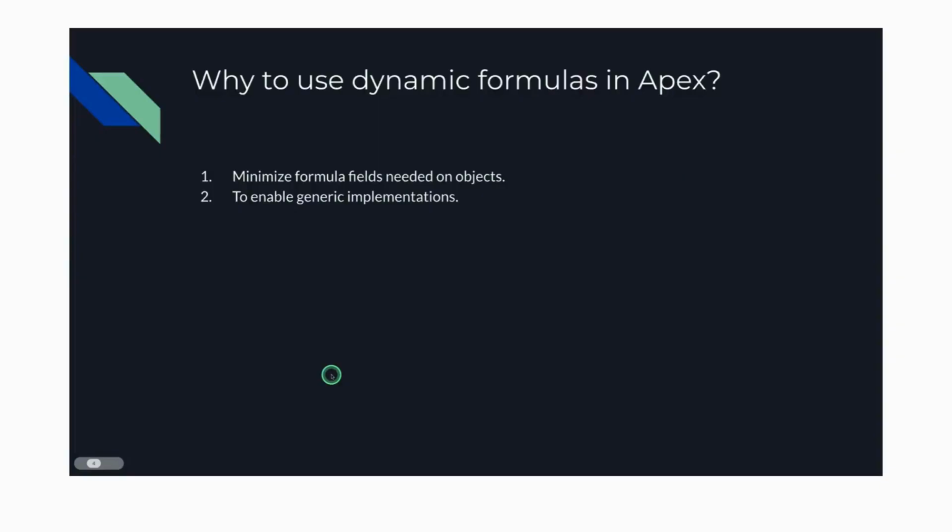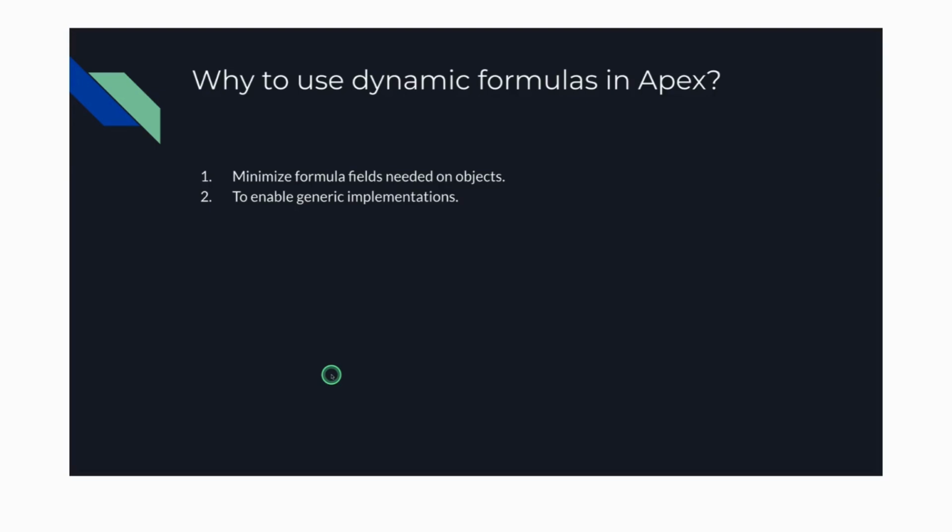A question that needs to be answered is why use dynamic formulas in Apex where we can simply create multiple formula fields and use them on the objects. First of all, there is a limit on the number of fields that you can create on the object.